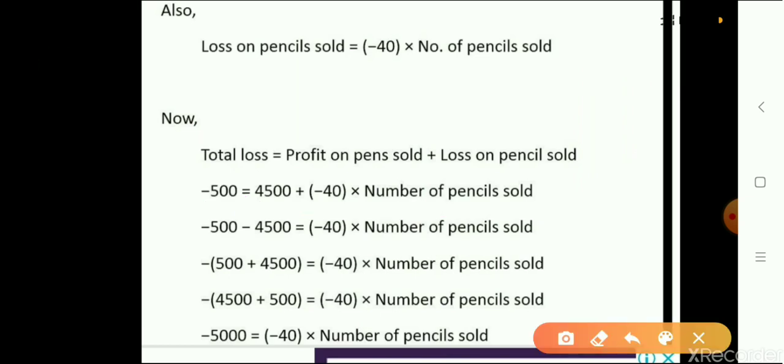It will be minus 4500, and when both these negative integers are added we will get minus 5000, because two negative integers when added give us a negative integer as the result. It will be equal to minus 40 into number of pencils sold.